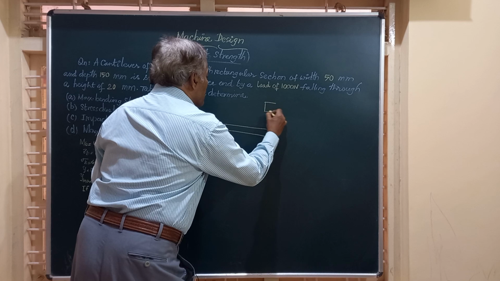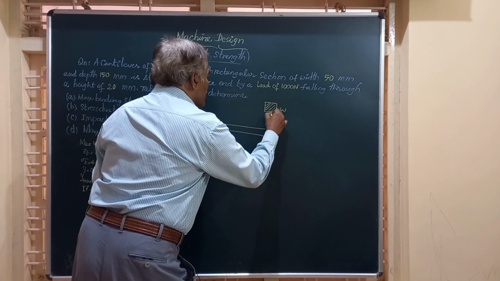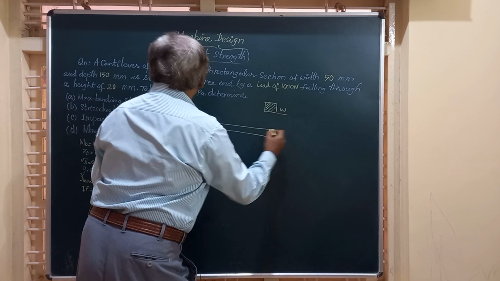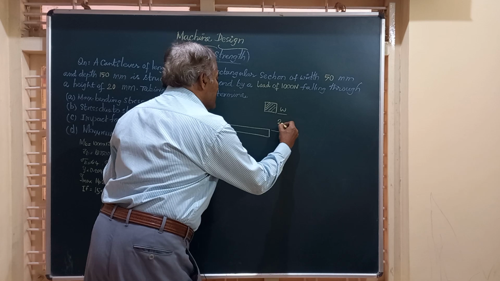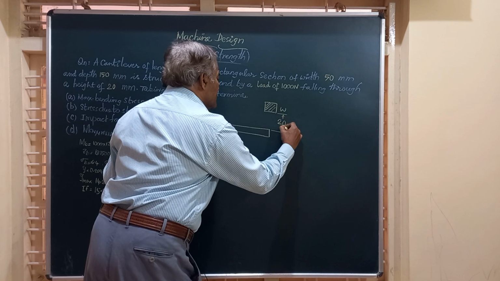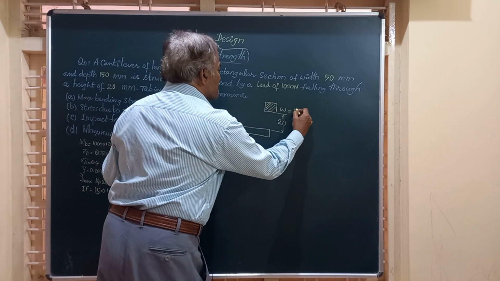There is a load, we'll call this as W, which is falling through a height of 20 mm at its free end. This is the distance, and the load is given to be 1000 Newton.